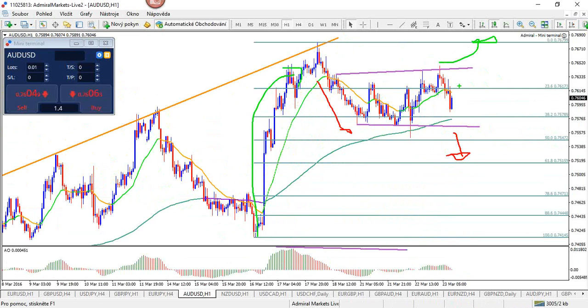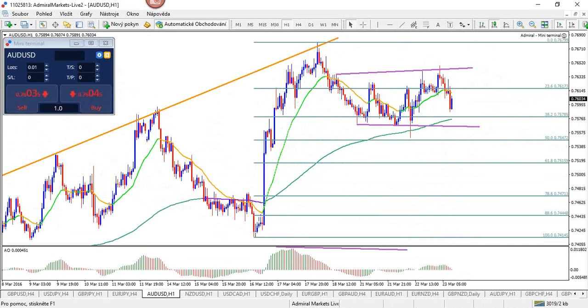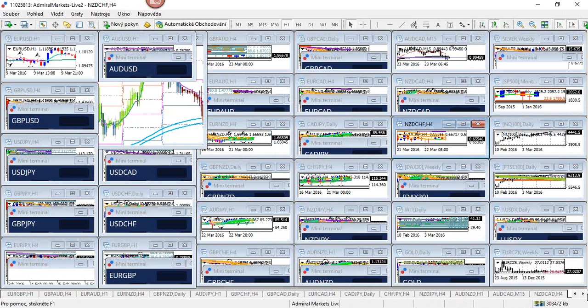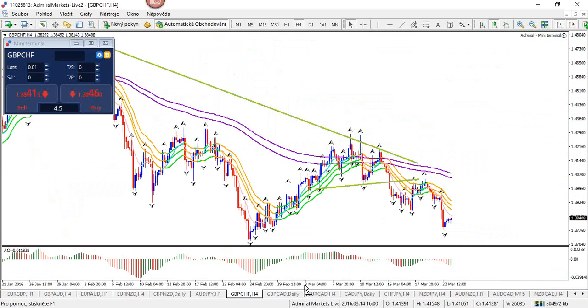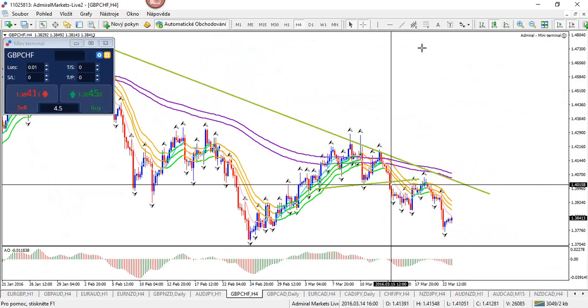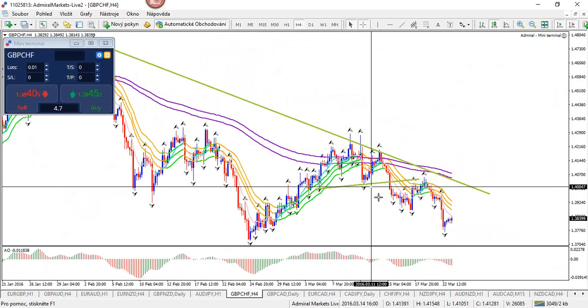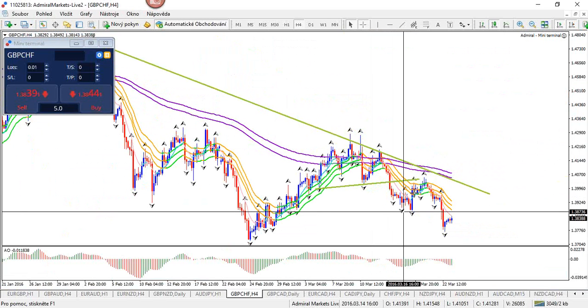Moving on to some other pairs like the pound Swissy. All right. This is a break that occurred about a week ago. And then we got a pullback to the trend line and a continuation.